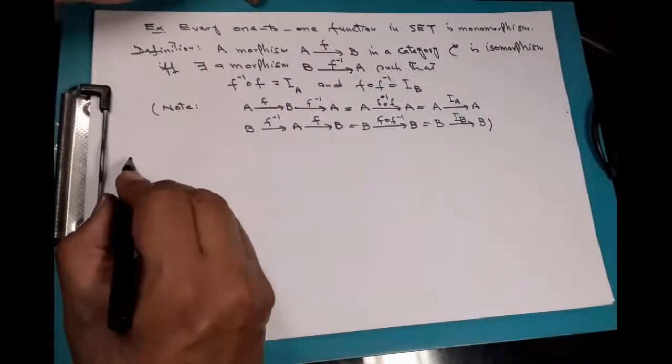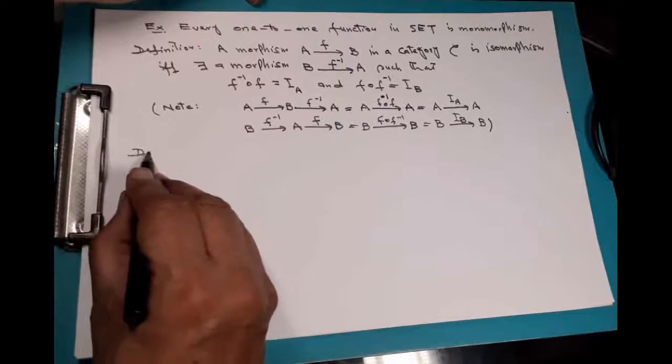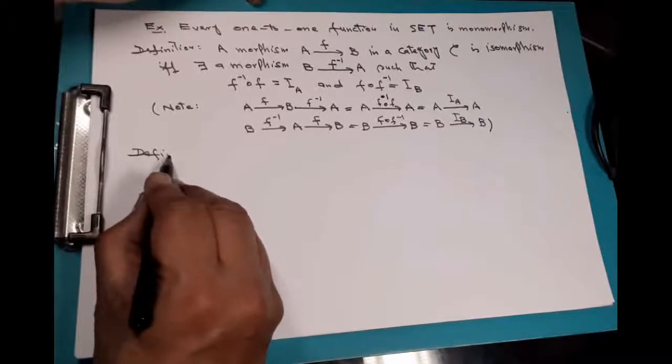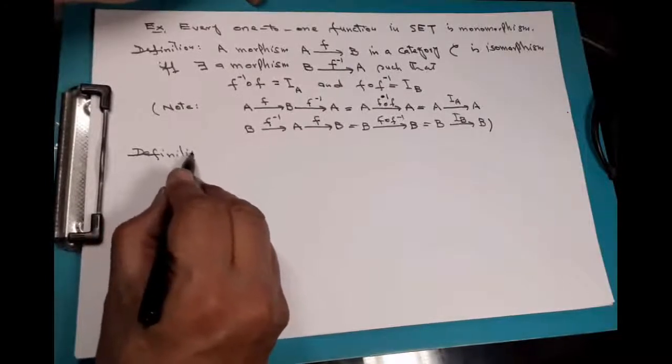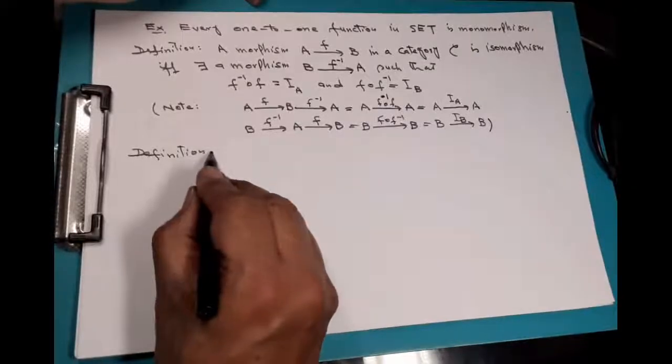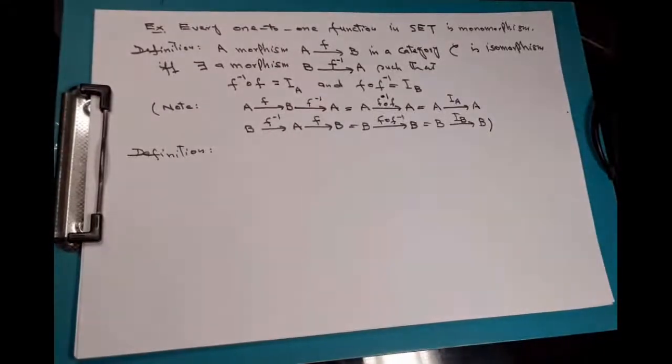Let's make another definition, that is, if there is an isomorphism from A to B, then we say that A and B are isomorphic.